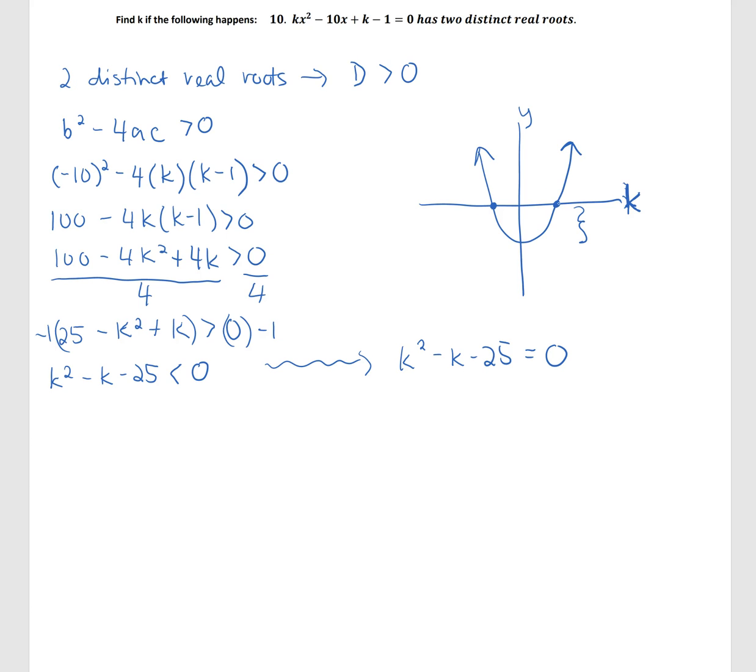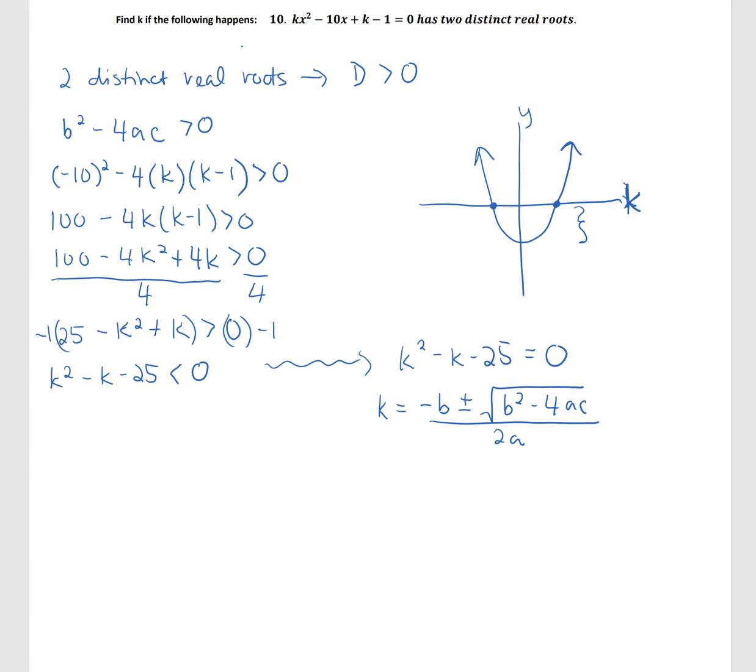Like I said earlier, we want to use the quadratic formula, and that is k or x is equal to negative b plus or minus the square root of b squared minus 4ac over 2a. So that's the way we can find our two values for k for each of these two points. And in that way we can figure out all the values for k in between these two points that make this equation true.